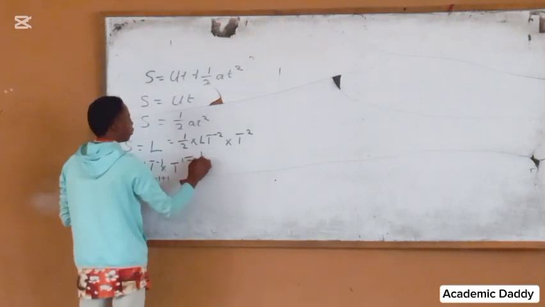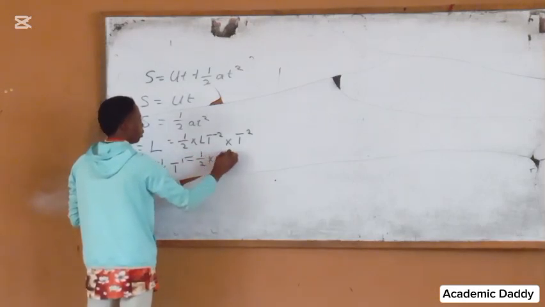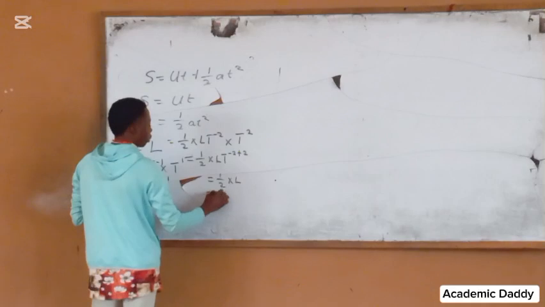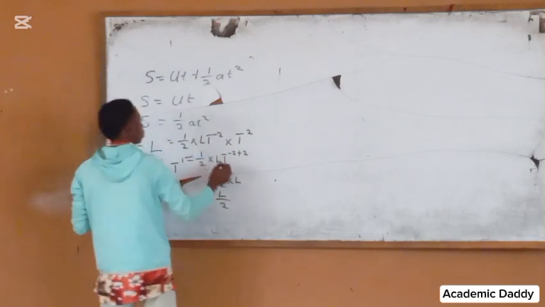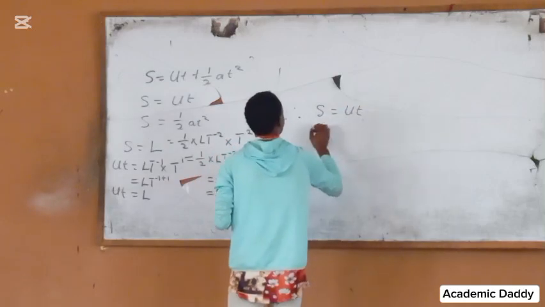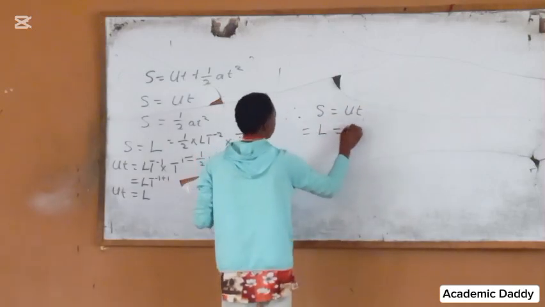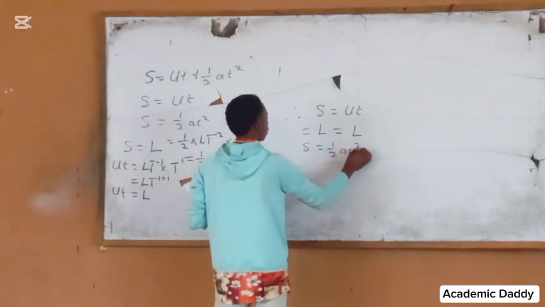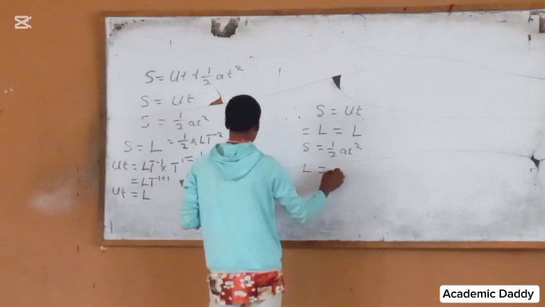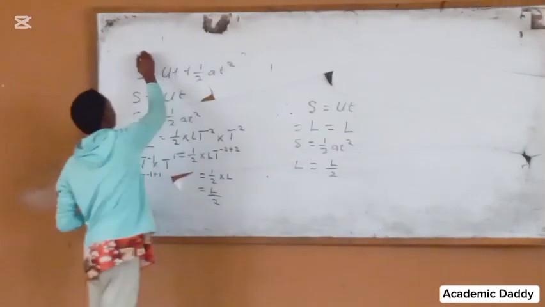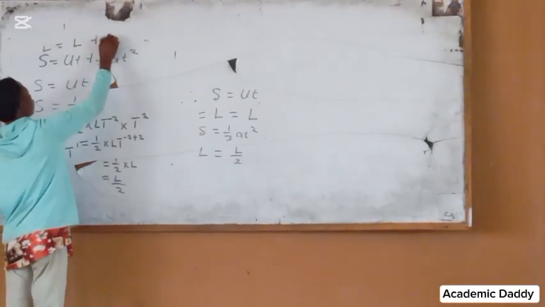We now have 1 over 2 times L T to the minus 2 plus 2, which is equal to 1 over 2 times L. So therefore we can take S is equal to U T; dimension here is L, which is equal to L. And also S is equal to half A T squared; dimension here is L. So we see now that L here, L here.